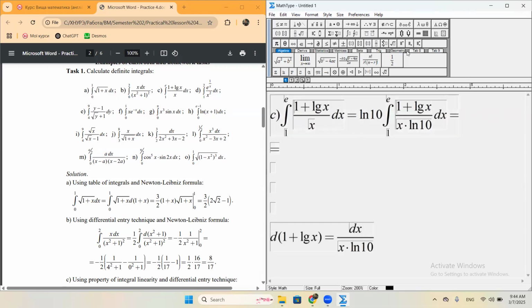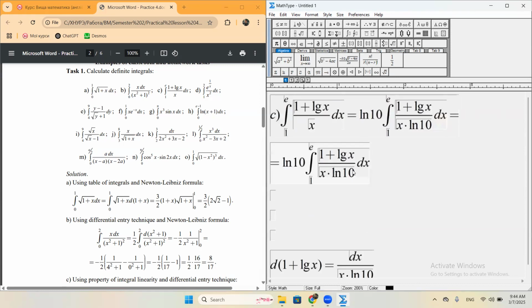Okay, now we have received the differential of 1 plus the decimal logarithm of x.